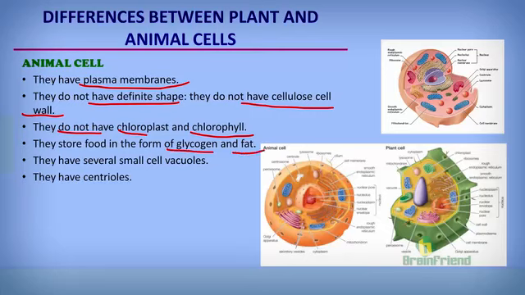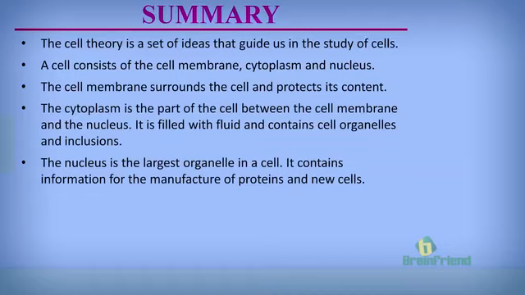They also have several small cell vacuoles. That's the case where the vacuoles are present. In other cases, animal cells do not even have vacuoles. All animal cells have centrioles. We say centrioles are found in animal cells. So those are the differences between the plant cells and the animal cells.